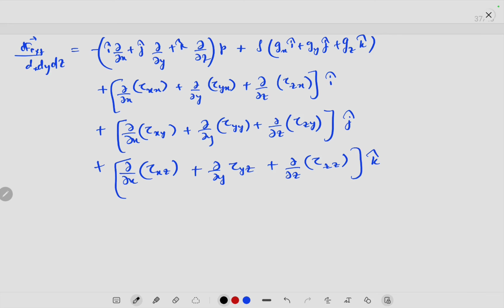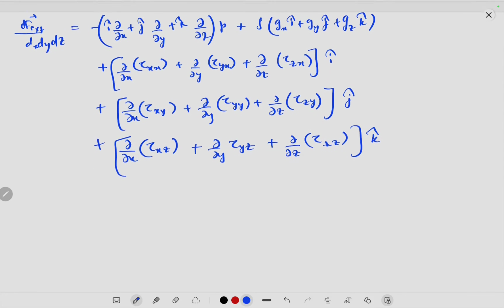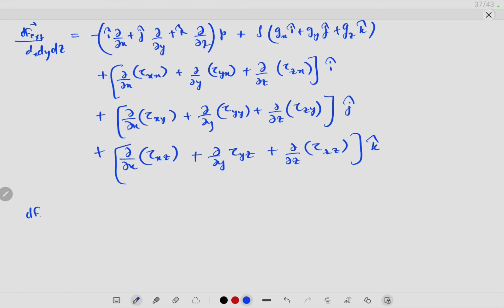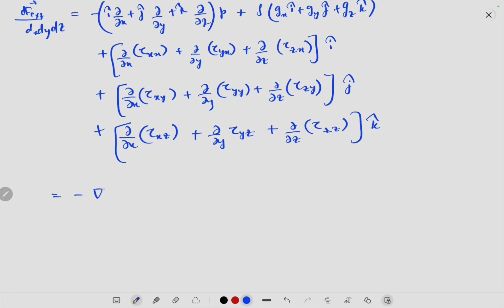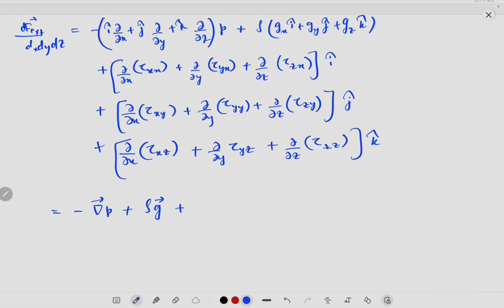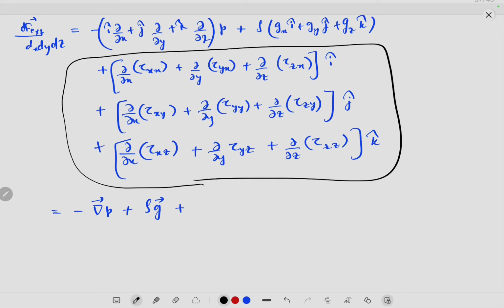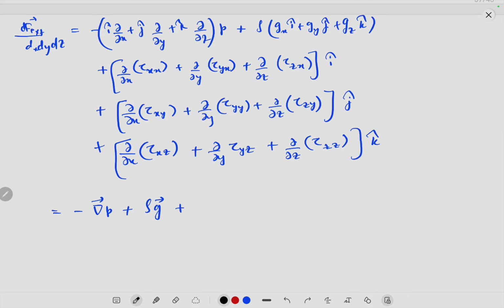So this will be equal to minus grad p plus rho g plus, now let's try to understand what this term is.